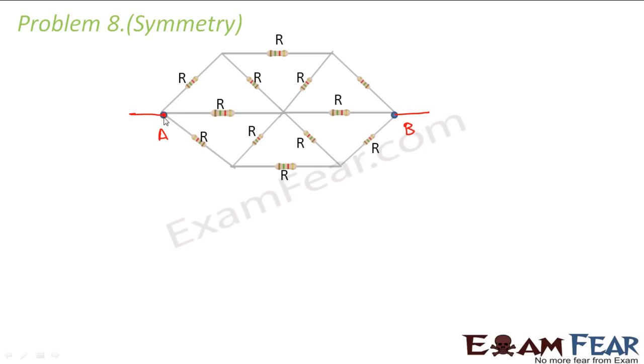For example, you are finding equivalent resistance between points A and B. So you divide this circuit somewhere along a line which is perpendicular to the line joining A and B, right? So you should not divide the circuit like this. If you divide this circuit like this, then in a way, this circuit is basically equivalent to this circuit. So you can divide this circuit into two parts, right?